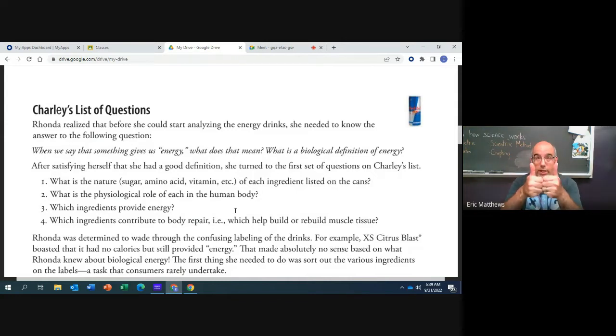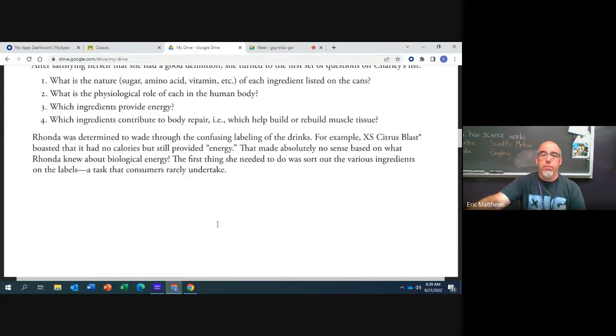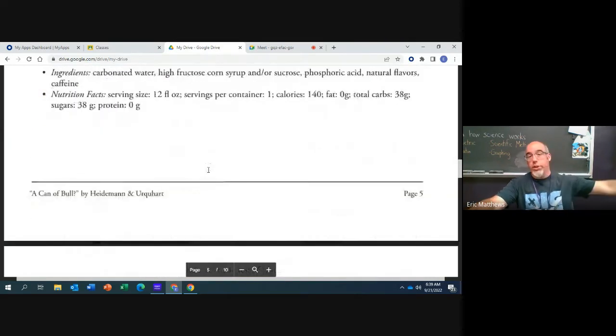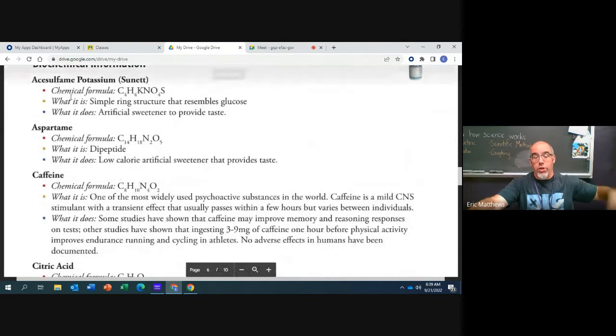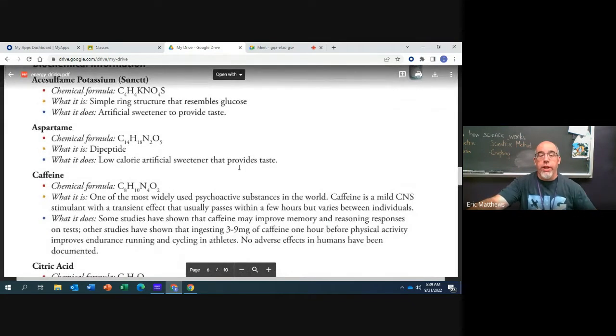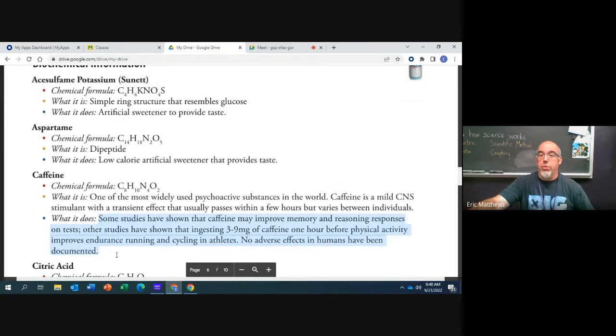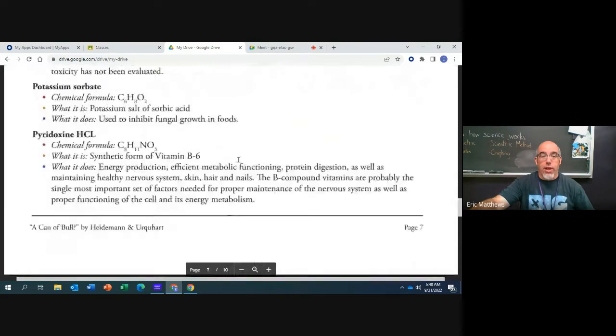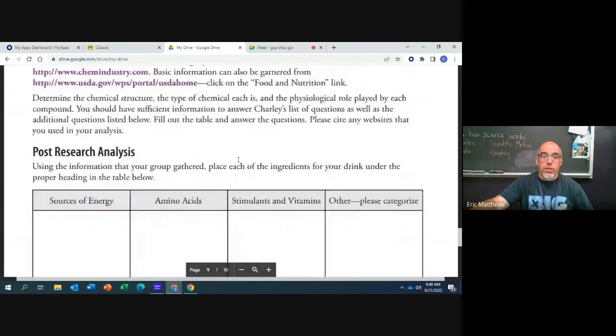So hopefully that still works or makes it more clear. Then you're going to go down. You've got all of the resources up here you can get from the front in order to look through the individual ingredients to determine. Most of these tell you what they do right here. All right, so let's go down to the last series of questions.